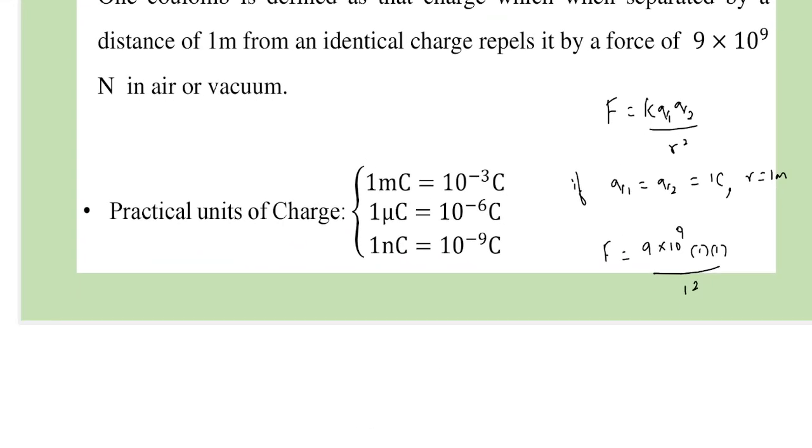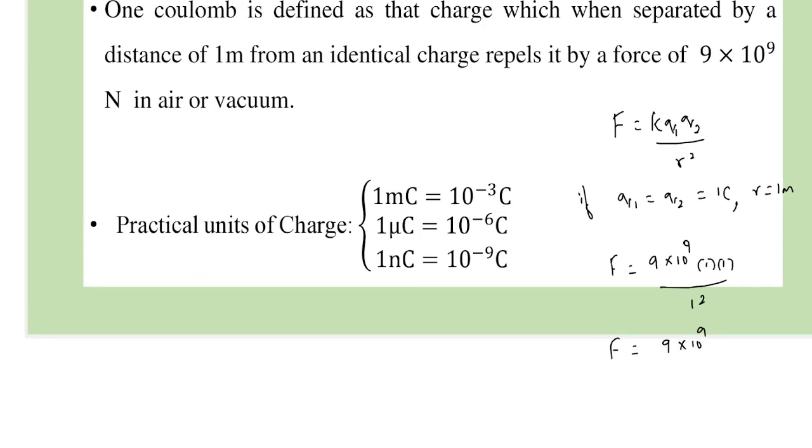So mathematically we get force is equal to 9 into 10 power 9. So we say that the two charges are said to be having value of 1 coulomb if the force between them is equal to 9 into 10 power 9 Newton for a separation of 1 meter in vacuum or air.